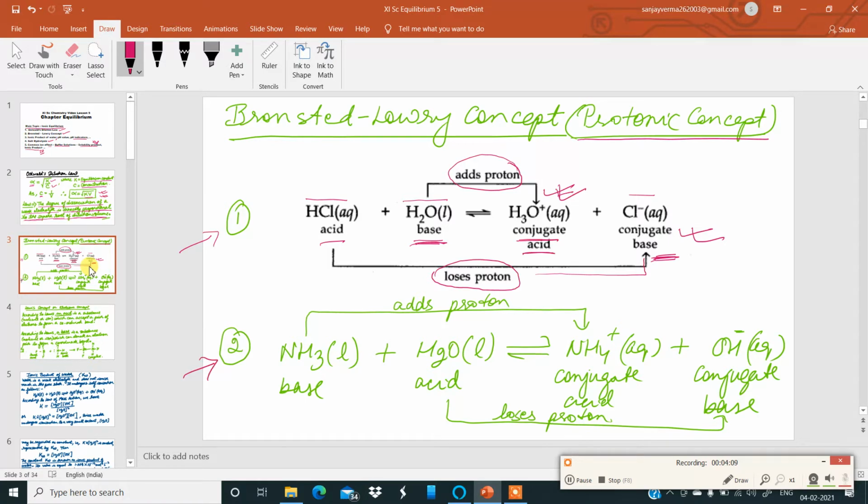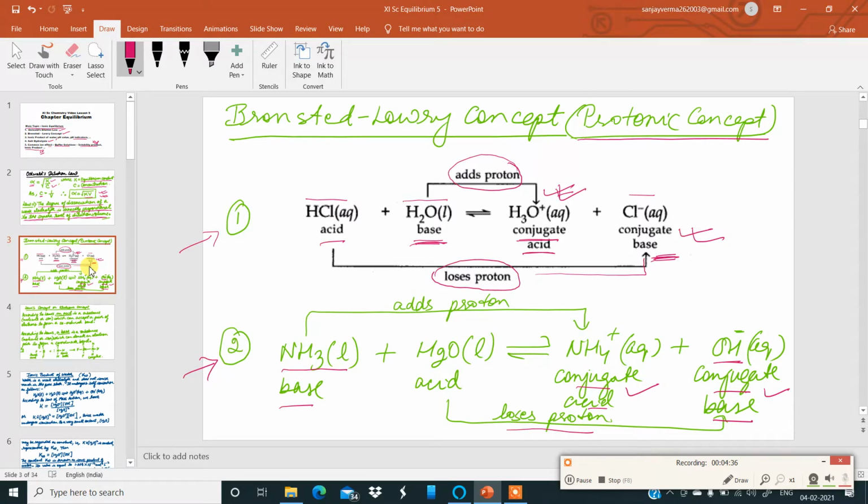Another illustration: ammonia solution, which is a base. If you put this in water, ammonia adds a proton to give ammonium ion, which is the conjugate acid carrying positive charge. Whereas water, in ammonia base, is losing a proton and forming hydroxyl ion, which is the conjugate base over here. So conjugate acid, conjugate base.